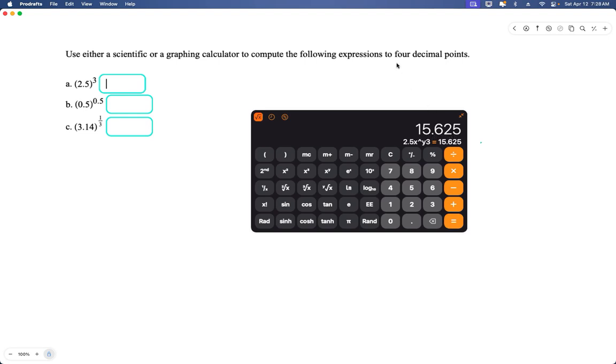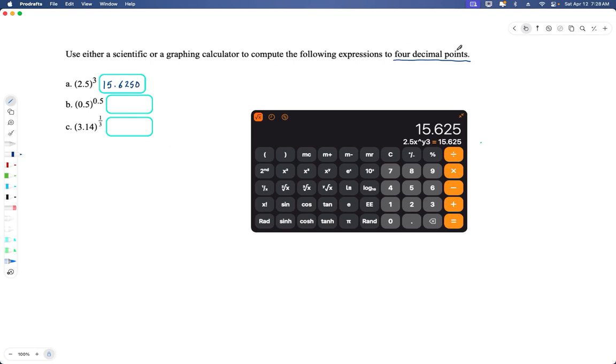15.625. But this tells me that I need to solve it to 4 decimal places. This is only 3. So I'm going to type in 15.6250. 1, 2, 3, 4 spaces, okay?